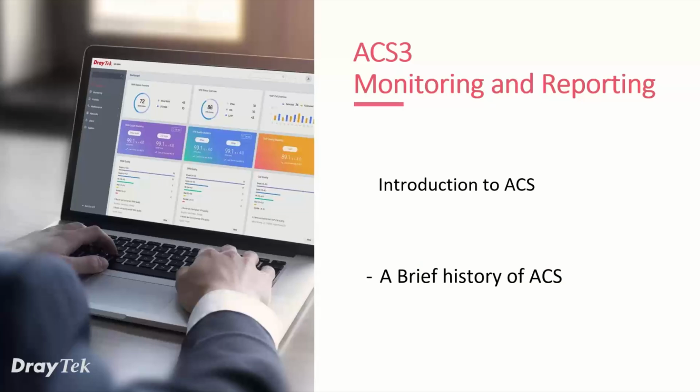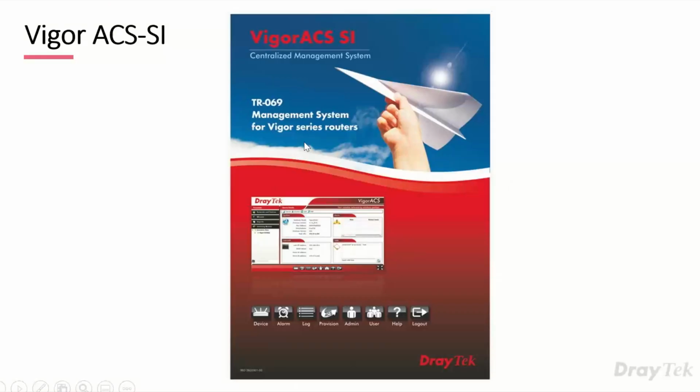Let's quickly have a look at a brief history of ACS. Let's start with VigorACS SI, also called VigorACS 1, which was primarily designed for routers. At that time, it was a powerful centralized management system, which allowed system integrators to manage their estate in a more convenient way.